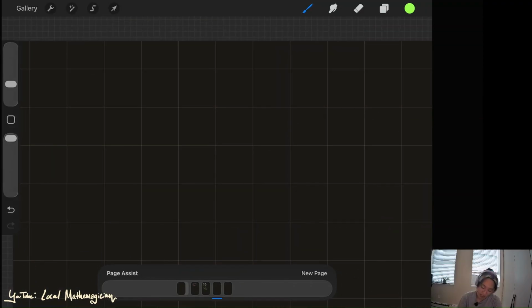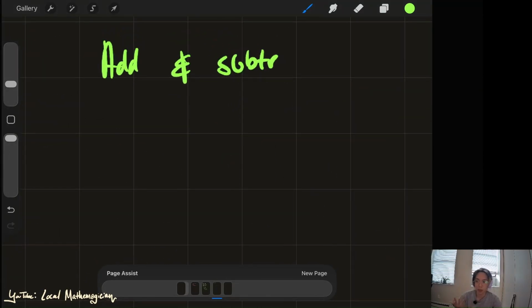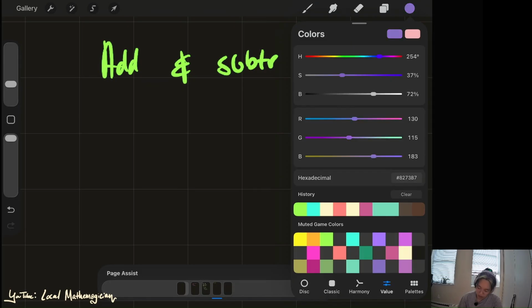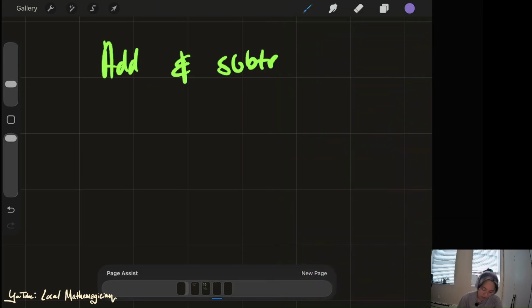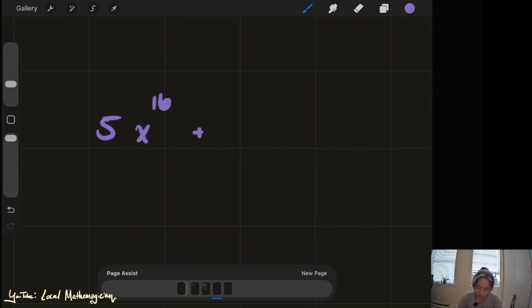How do we add and subtract? The question is, how do we add and subtract like polynomials? Say 5x to the 16th plus 38x to the 16th.